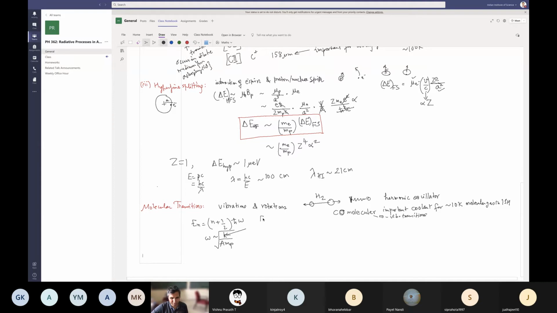For a spring, F equals minus kx, where x is the displacement, so that's that k. And the mass is the mass of the nucleus. Here the nuclei are sort of vibrating.